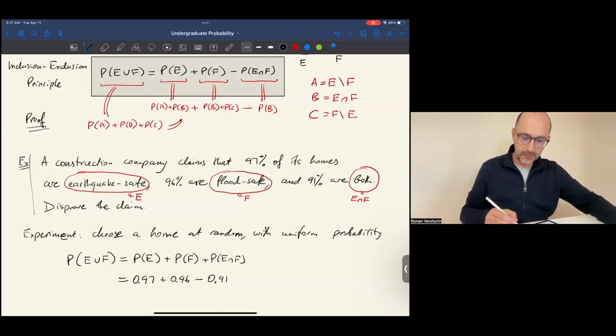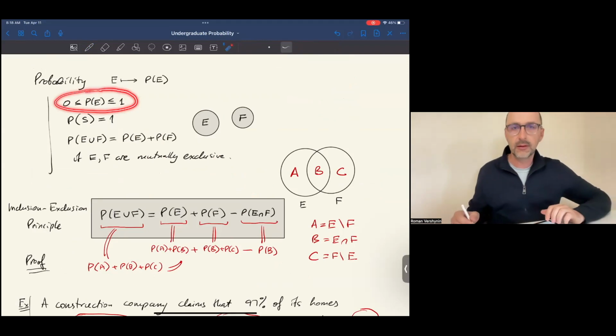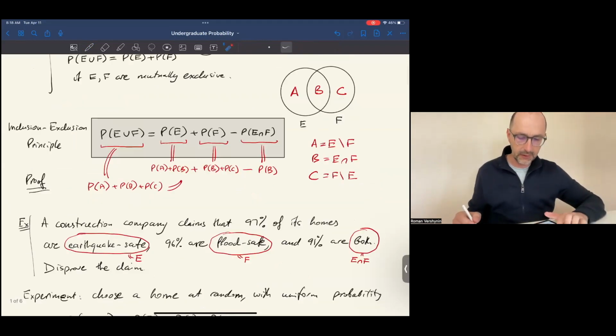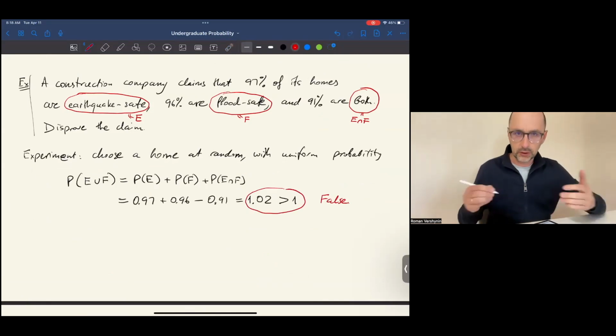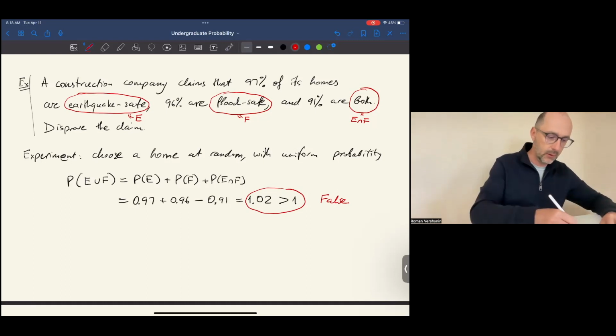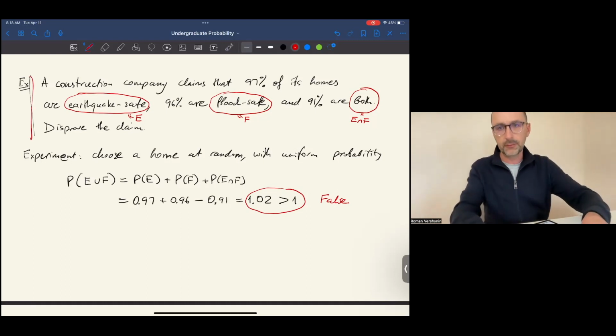Then we compute that number, and it turns out to be 1.02, which is bigger than 1. And that can never be true. The probability of any event must be bounded by 1. Therefore, the conclusion is false, and that means that the original claim of the construction company is false.